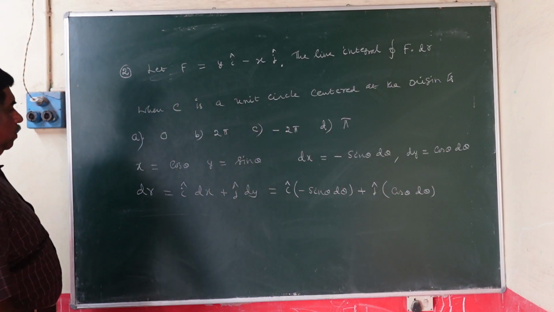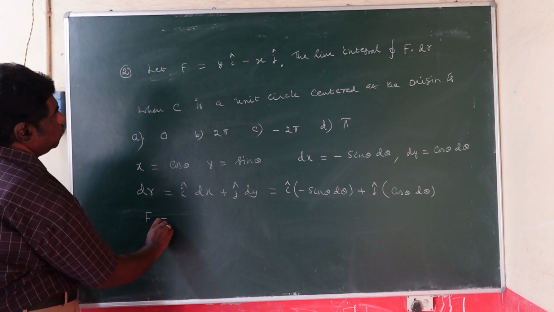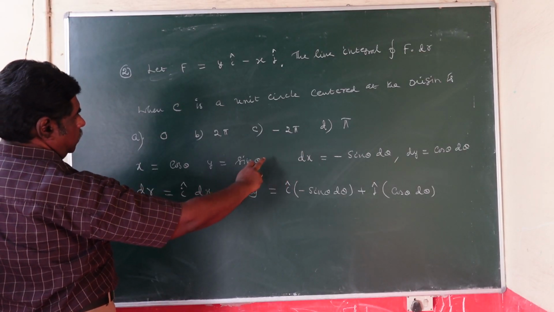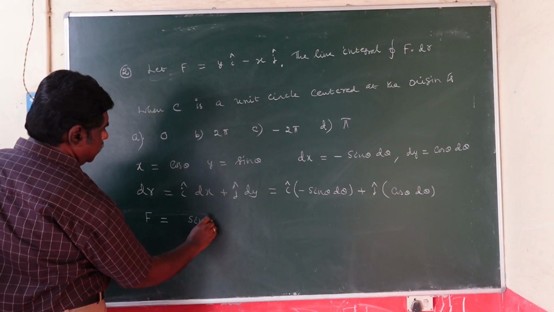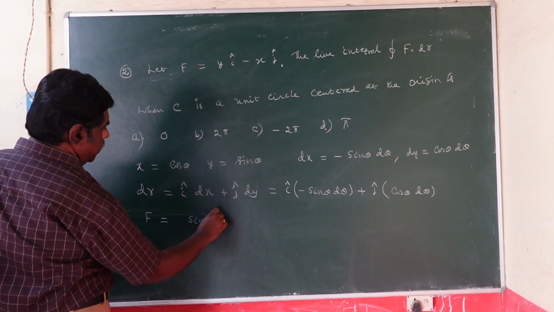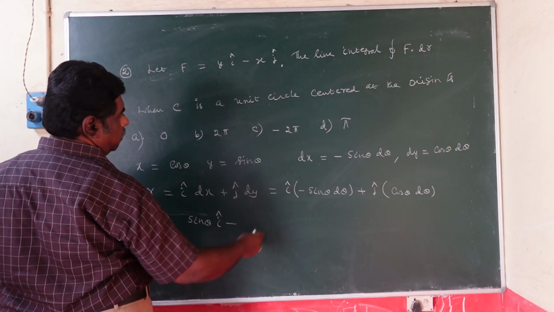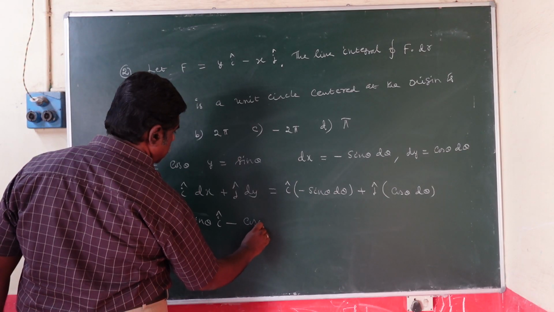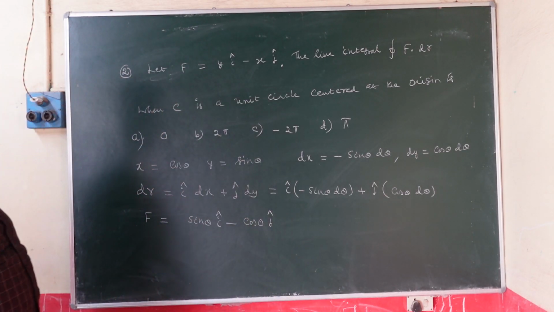Now we have to write down the value of f. F is equal to, see here, y into i. The value of y is sin theta. So sin theta multiplied by i minus x into j. The value of x is cos theta. So cos theta j. This is the value of f.